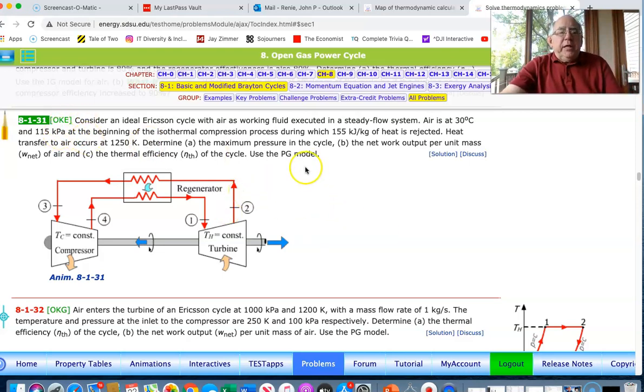In this particular problem, we have some unique conditions associated with the compressor and the turbine.